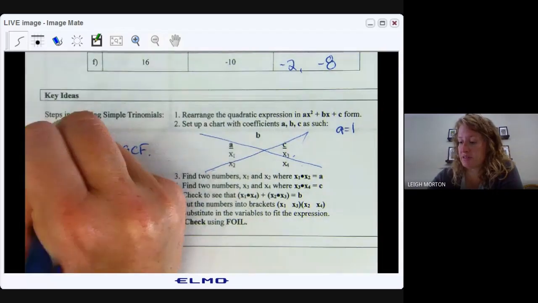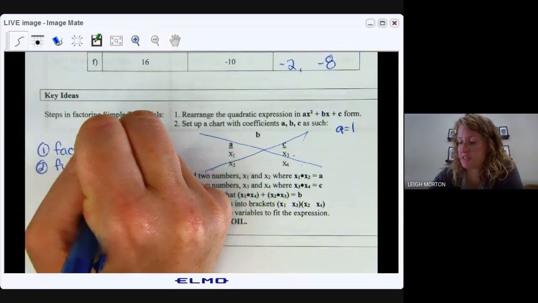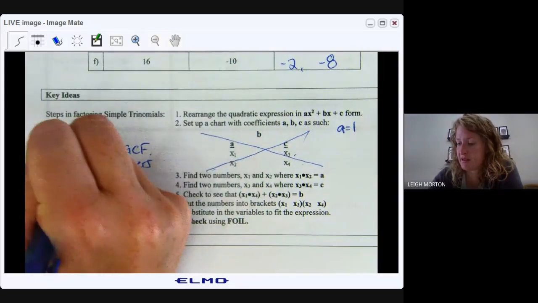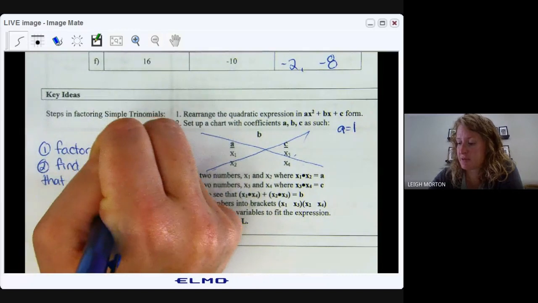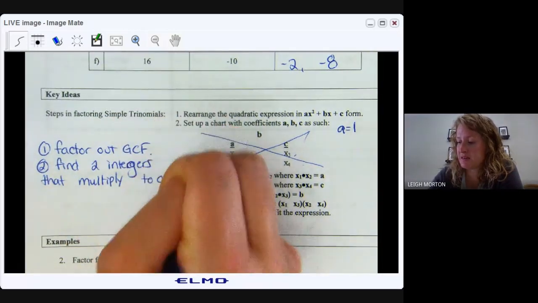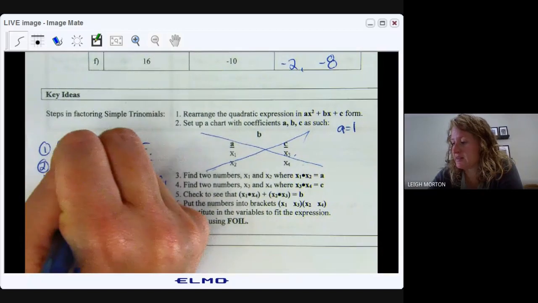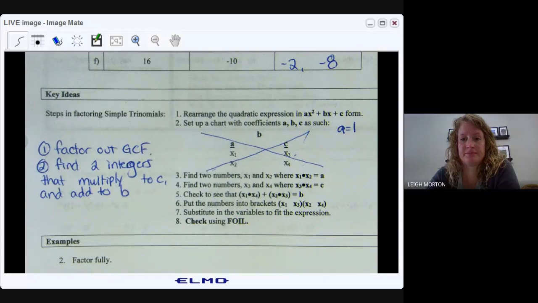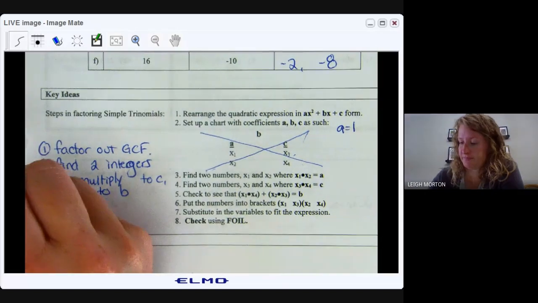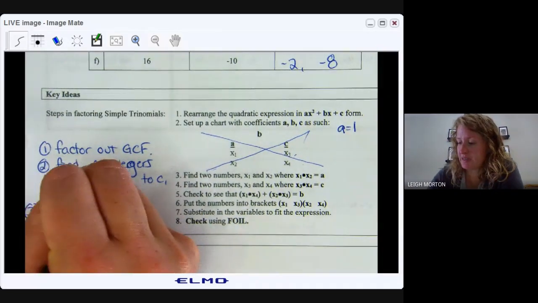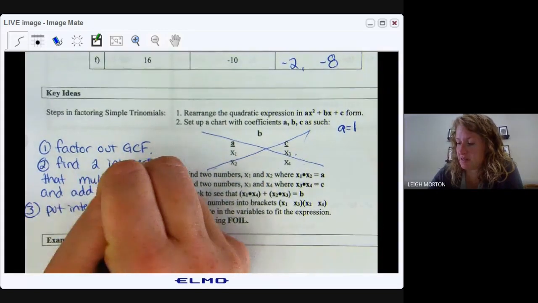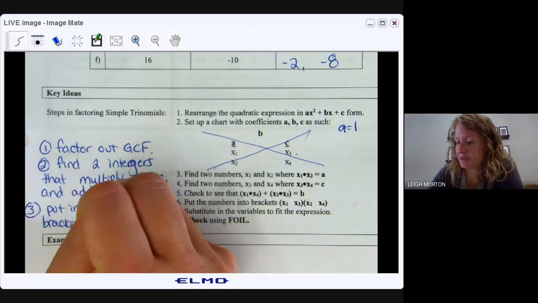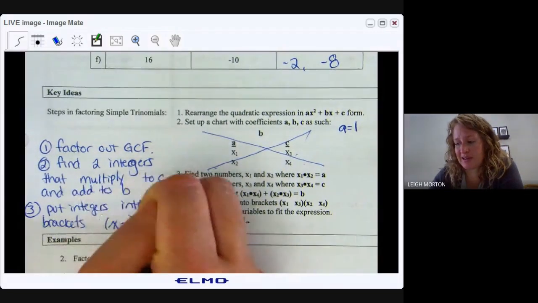Then step 2, find two integers that multiply to c and add to b. And then we're going to put integers into the brackets. For example, x minus s and x minus t.